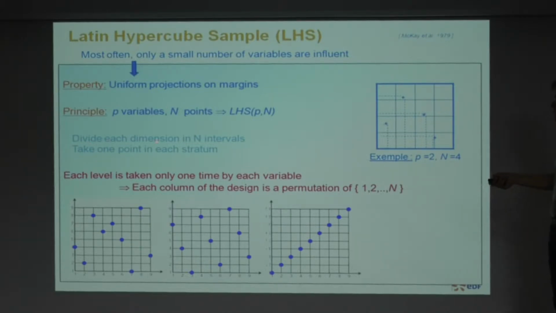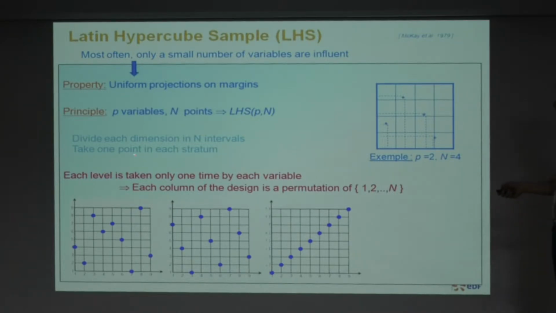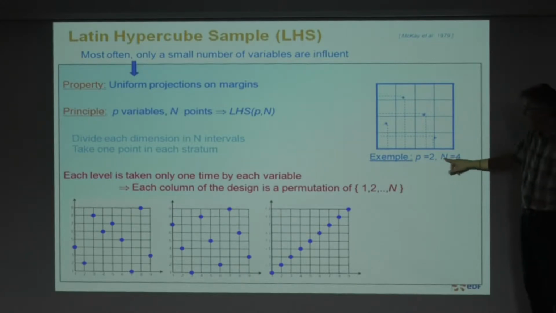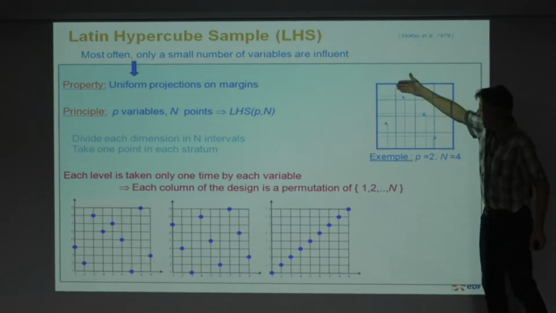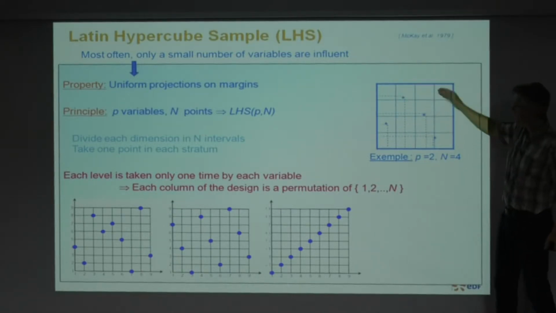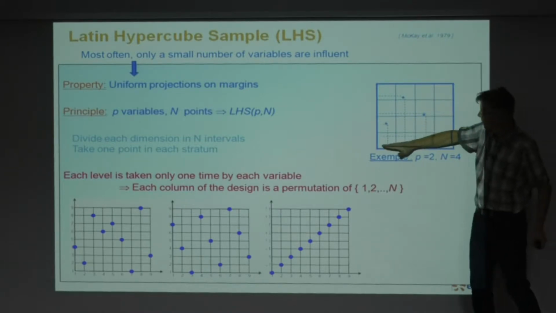I divide each dimension in n intervals, and I ensure that I have only 1 point in each stratum. So if P equals 2, n equals 4, I divide my domain in 4 intervals of equal size. Okay?